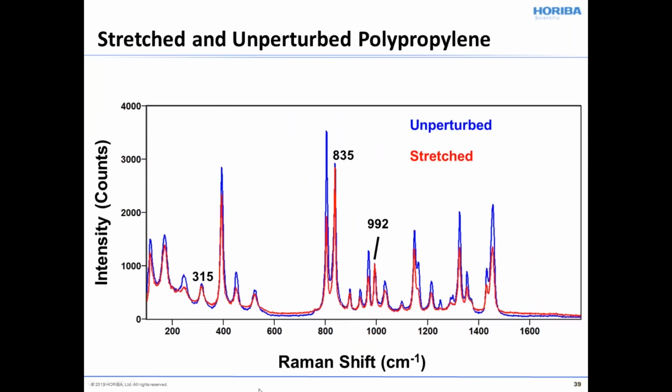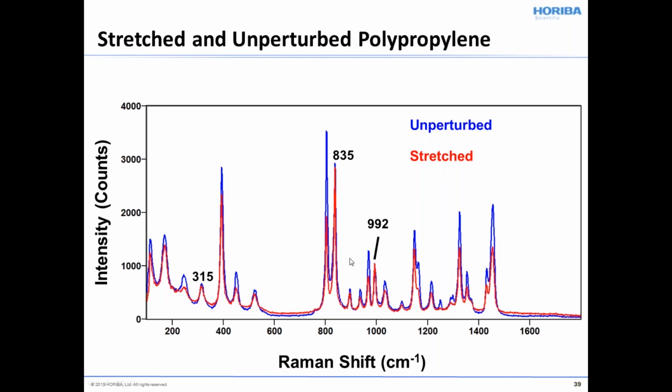And we'll finish up with the polymers by just showing you the difference between stretched and unperturbed polypropylene. So the blue spectrum is just as is, if you will, polypropylene as prepared or molded, and a film at that. And then the red spectrum is from that same polypropylene that has been stretched. So same sample, but it's been stretched. And so what happens?